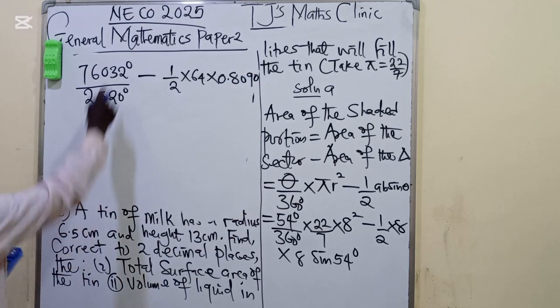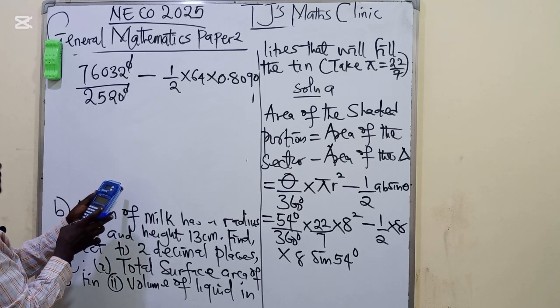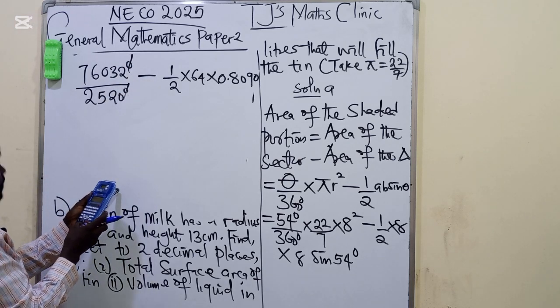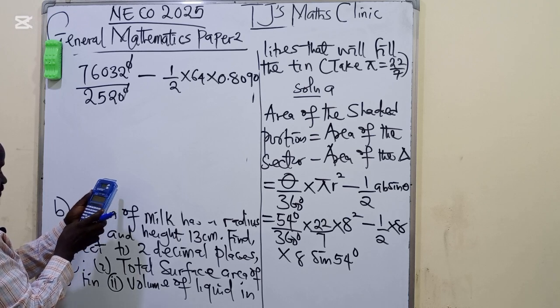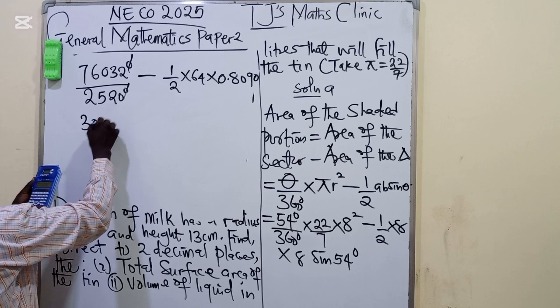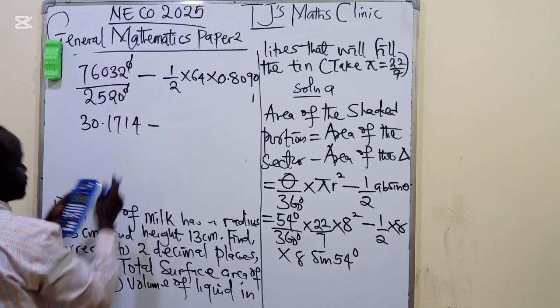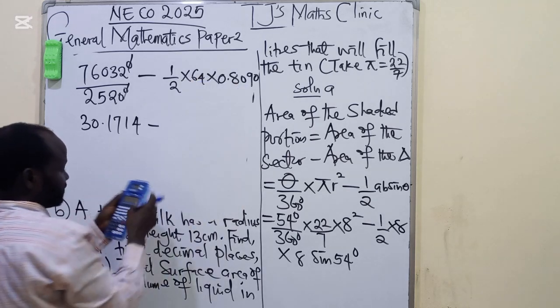Very important. So let's divide this. Degrees will cancel. We're left with 76032 divided by 2520. We'll have 30.1714 minus, we multiply this by 64, we divide it by 2.